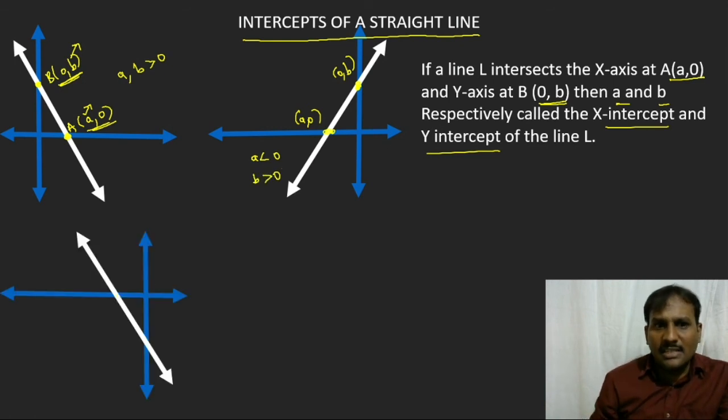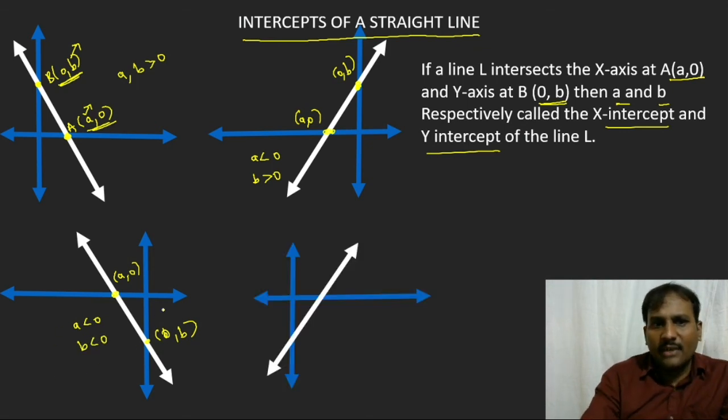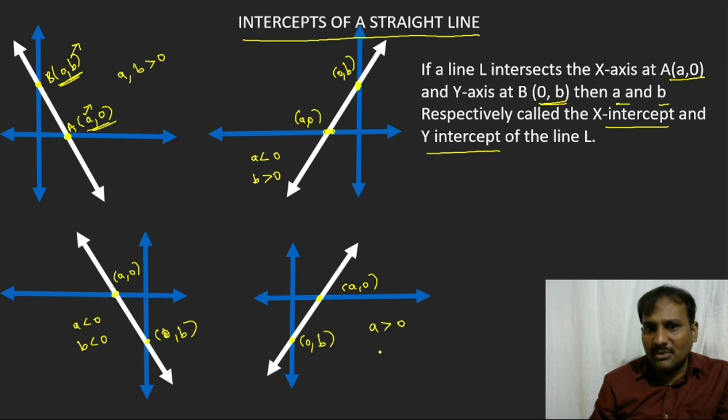And what about this? Suppose it is a comma 0 and this is 0 comma b. Then in this both are negative. a is less than 0 and b is less than 0. And what about this? So this is a comma 0 and this is 0 comma b. So here a is positive and b is negative.